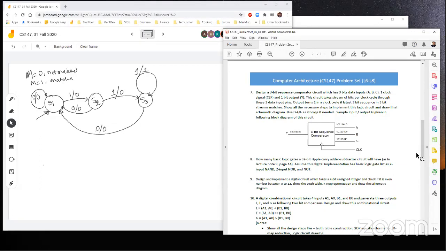Okay, so does it matter if our state diagram looks like a non-deterministic or a deterministic finite automaton? It has to be deterministic, because with a non-deterministic automaton, you cannot just make a digital circuit out of it.